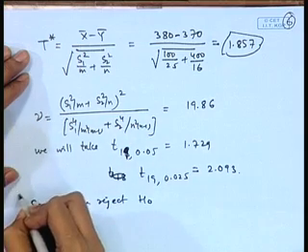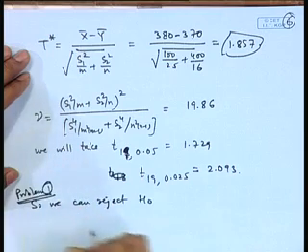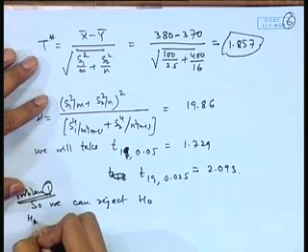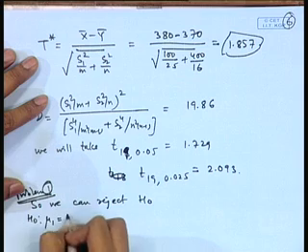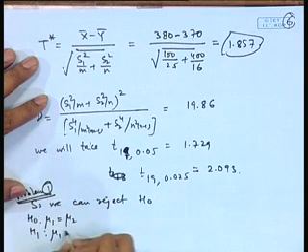Suppose I am considering testing problem 1. In that case, suppose I am considering H naught: mu 1 is equal to mu 2 against H 1: mu 1 is not equal to mu 2.